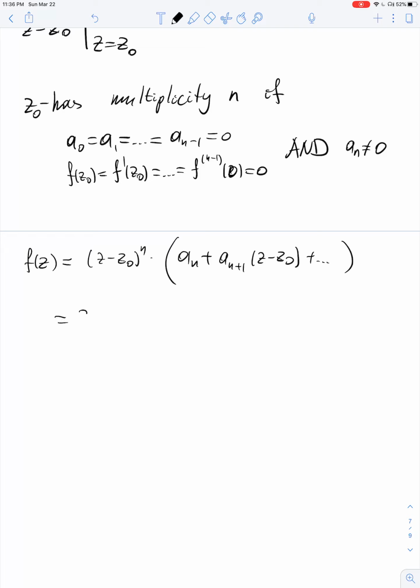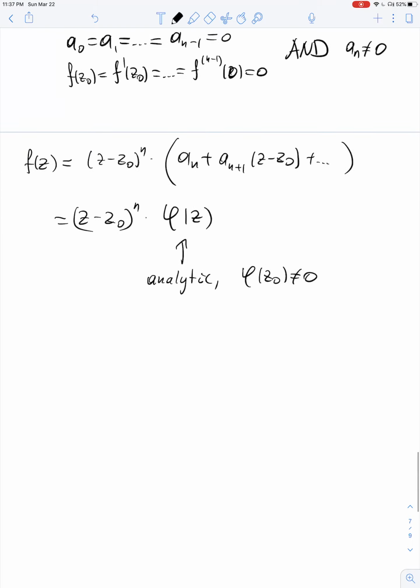And let's call this phi. So phi is first of all analytic, and phi of z0 is not 0. So it seems that I achieved nothing, but I actually achieved another incredibly important fact about analytic functions, that every 0 has integer multiplicity.